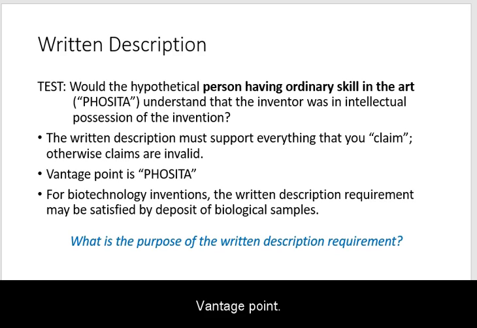Again, vantage point is the person skilled in the art. For biotech inventions, you can actually get away with the written description requirement by deposit of biological samples with the USPTO.